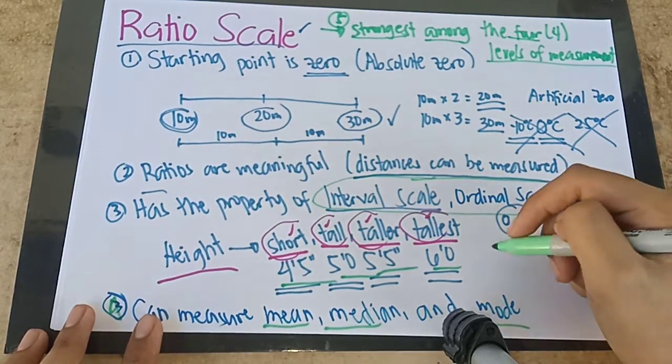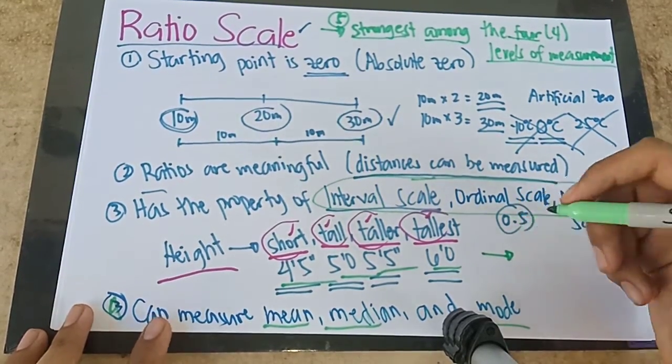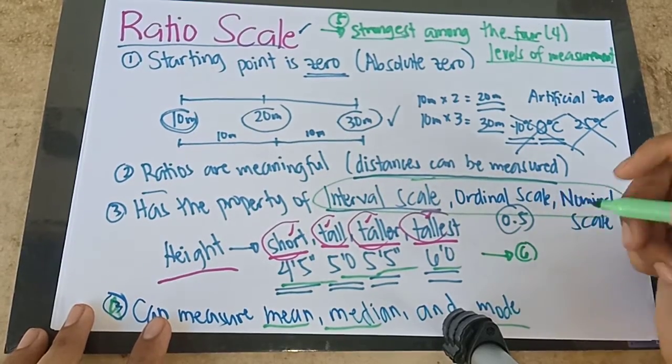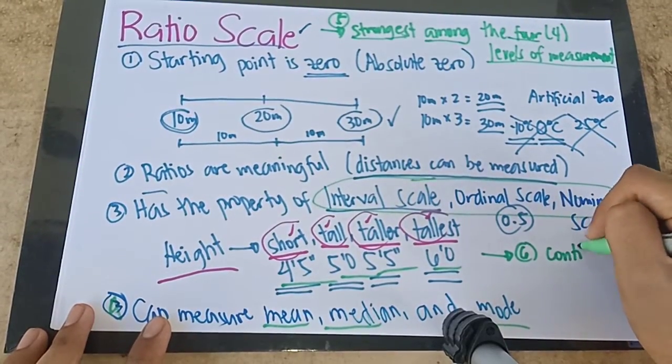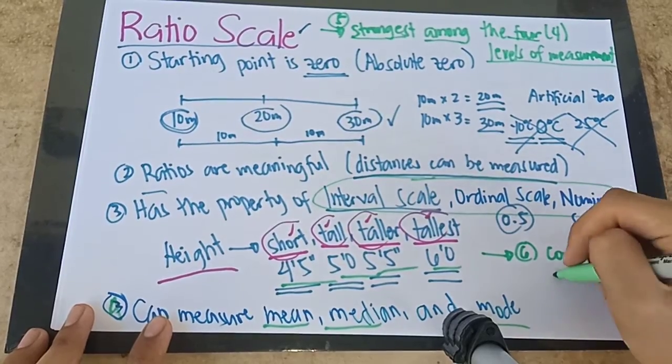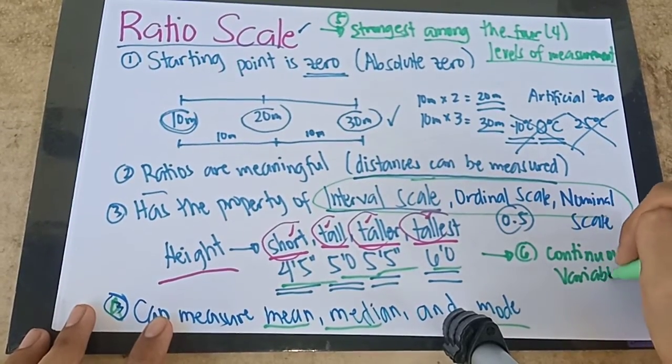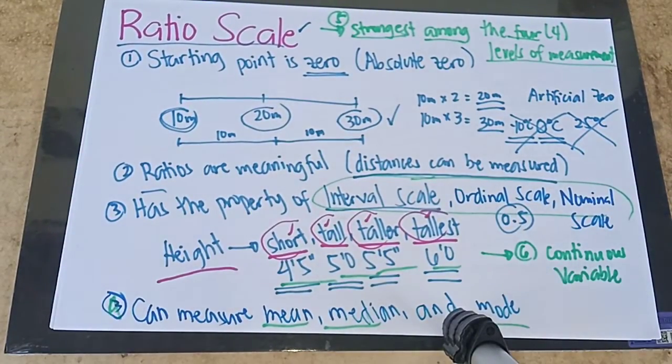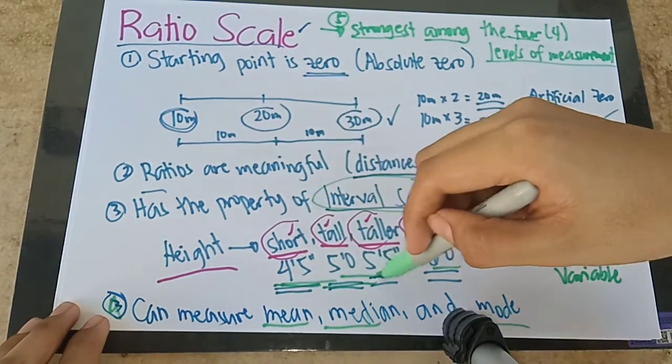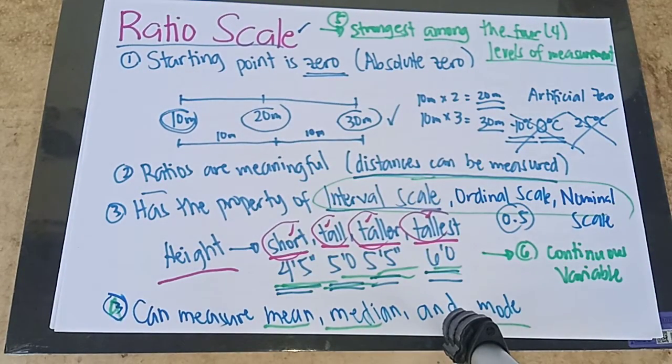Now, if it is quantitative in nature, meaning to say, ratio scale is a continuous variable. Because we measured. Okay? We used measurements. And that measurement is in the form of the quantitative variable.